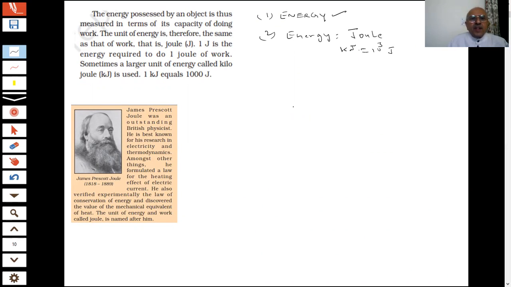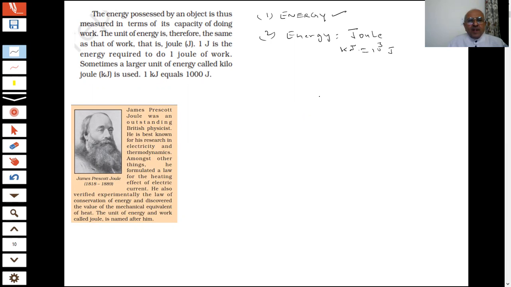You are aware that Joule was a scientist, students, a British scientist. This is the picture of Joule. You will see a lot of experiments by Joule in science books. He did his research in electricity and thermodynamics, and formulated laws for the heating effect of electric current.